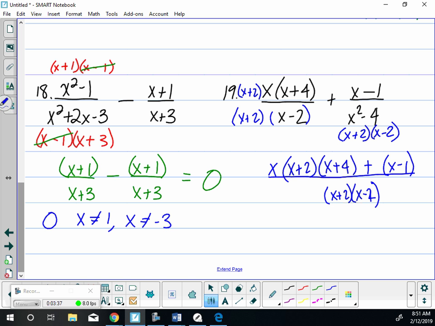Now, in order to simplify this, we are going to have to expand out, FOIL and distribute this mess right here. So we need to FOIL this, which is going to give us x squared plus 6x plus 8.